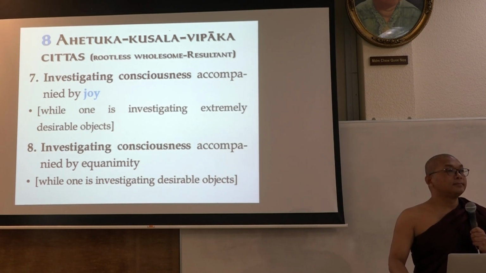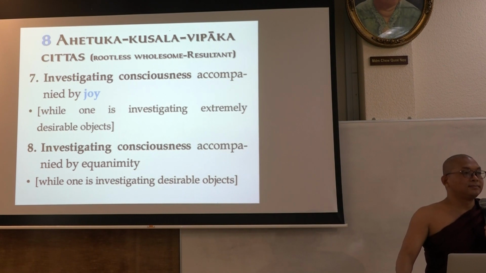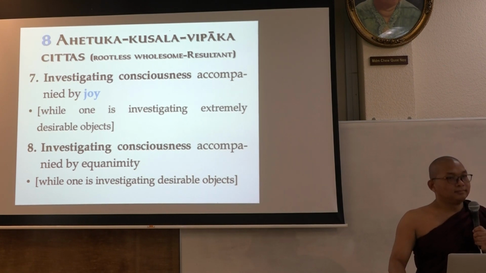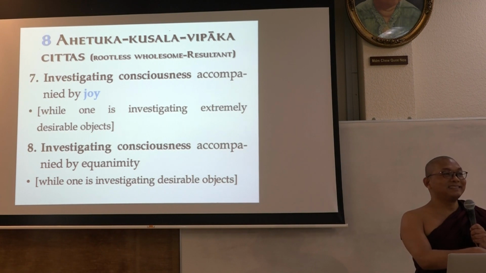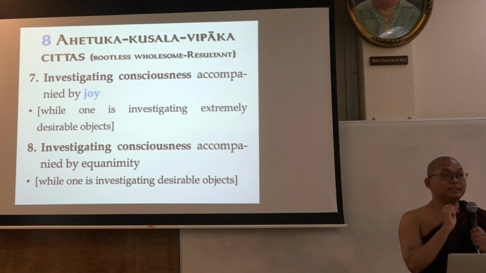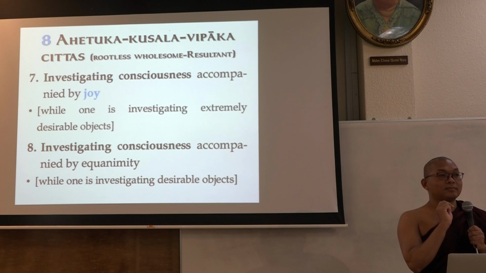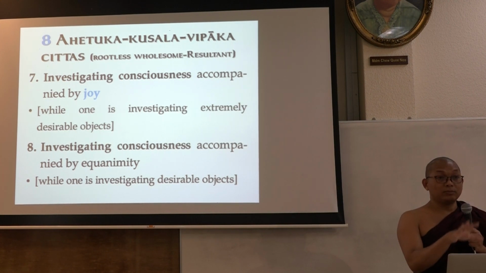Bhante, here the question arises: why are there two sets of kusala vipaka, one with roots and one rootless, whereas there's only one set of akusala vipaka? Actually, earlier I have already explained why there is no sahetuka akusala vipaka, because of two reasons. Akusala vipaka cittas are the result of akusala, lobha, dosa, moha.